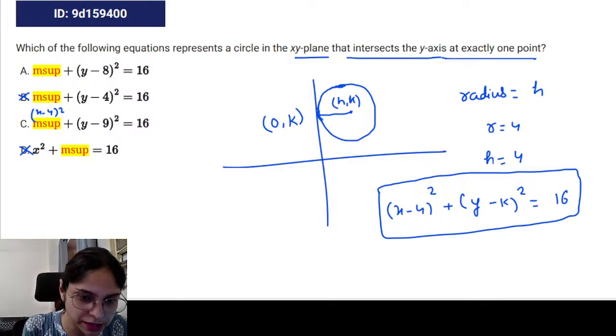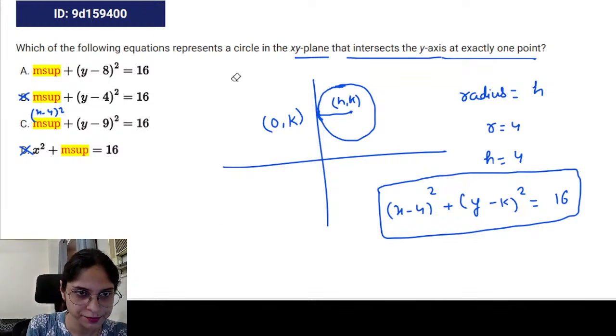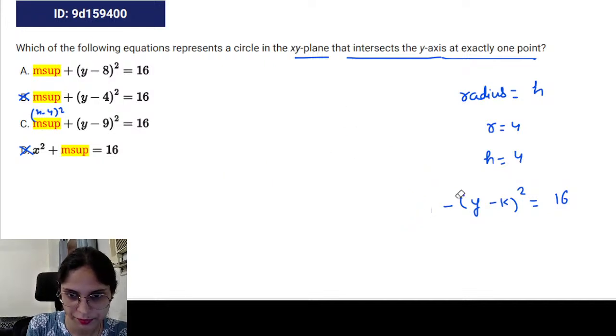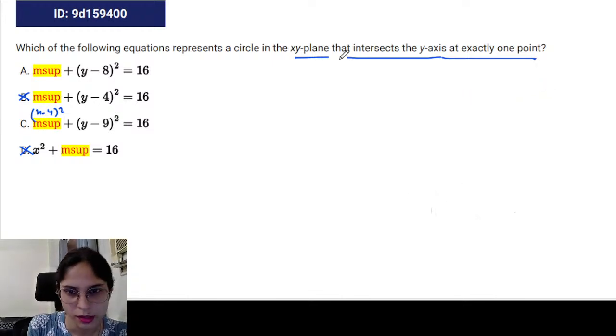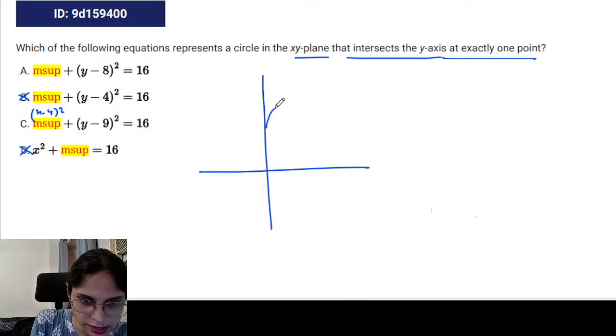Yeah, I can re-explain the idea. So over here, see, the circle is intersecting the y-axis at exactly one point. So this is your y-axis, and it's exactly intersecting at one point.